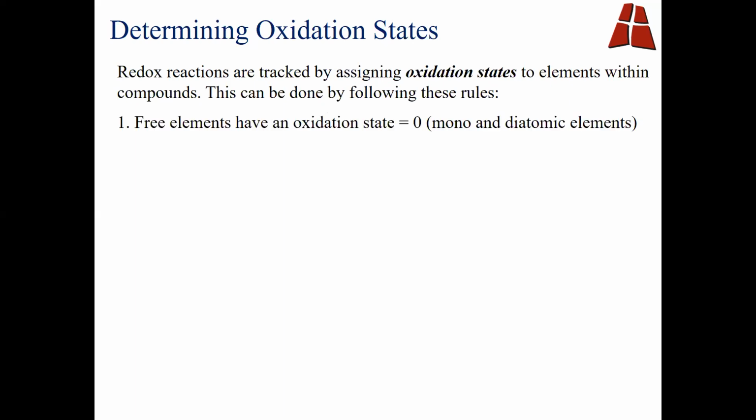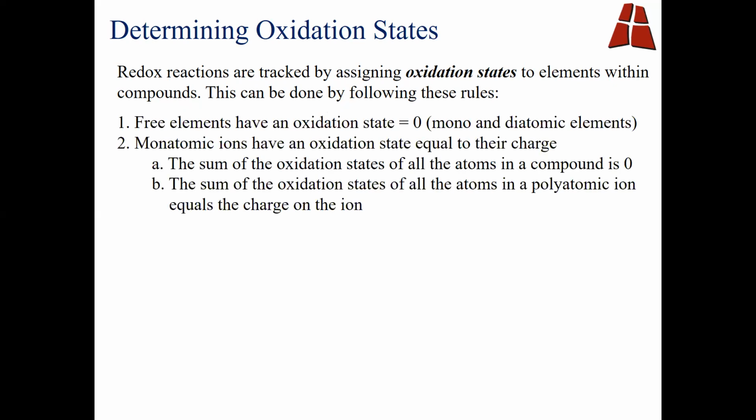Anything that is a free element, so it can be a single atom, or it can also be something like O2, dioxygen, which is a single element, meaning that the oxidation state for each atom is going to be 0. We then have monoatomic ions, which have an oxidation state equal to their charge.